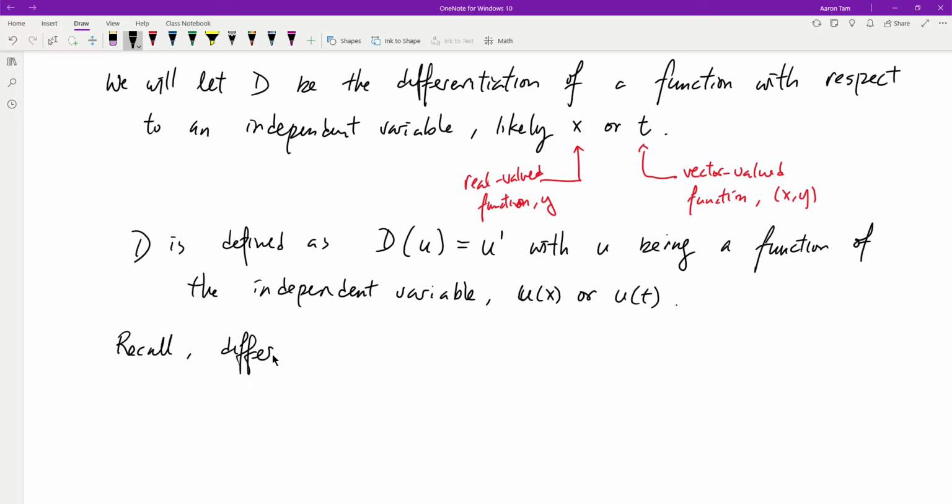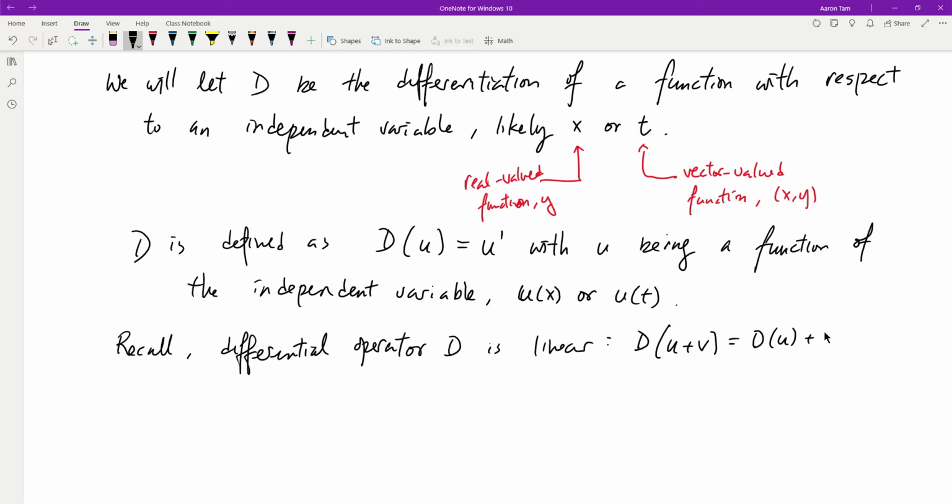We call differential operator, d, is linear. So what does that mean when I say it's linear?